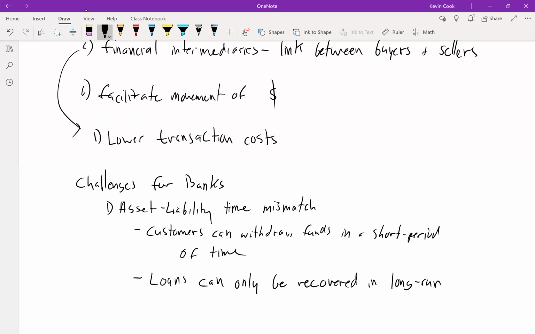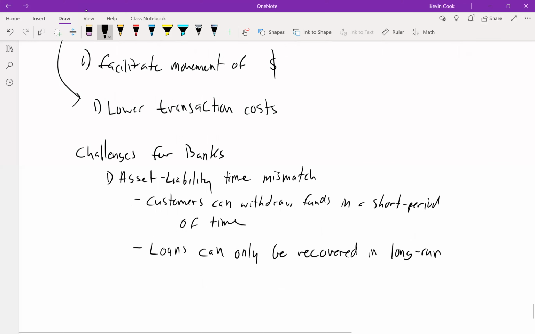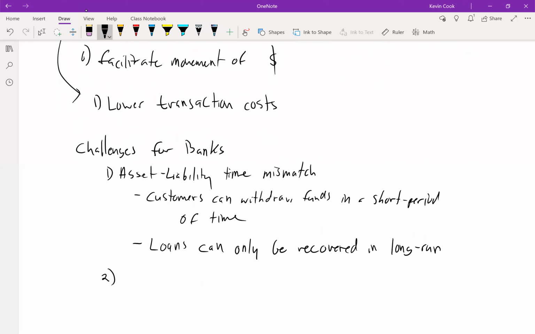So the issue banks face is that I can go out and pull all my money out today, but then the bank might have loans that don't work out. So there are asset liability time mismatches, and another thing the bank could run into is bank runs, where everyone goes and gets their money out of the bank.